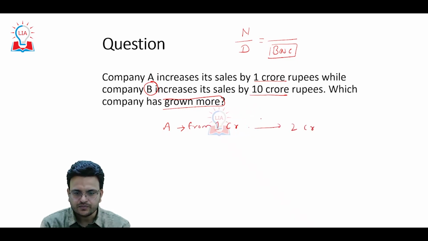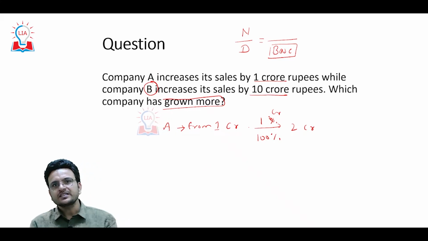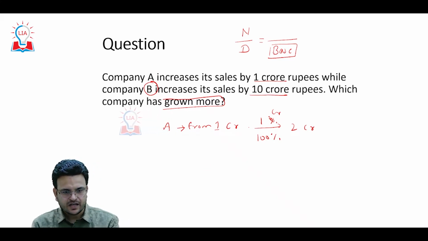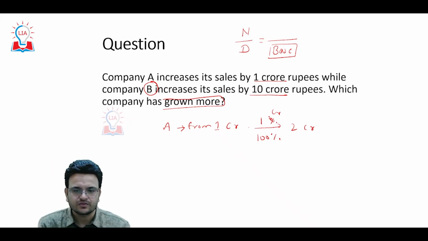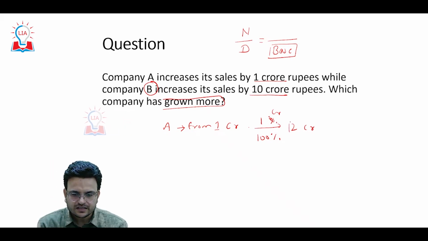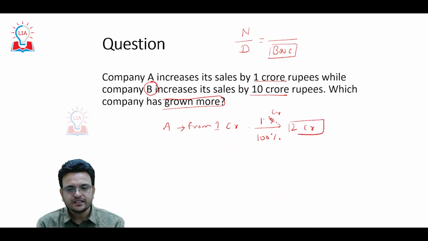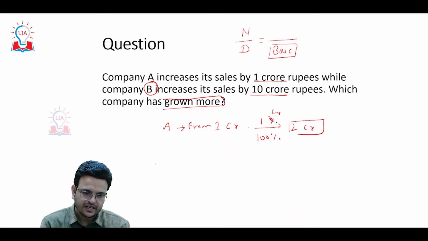It means 1 crore is equivalent to 100%. Last year company A sales was 1 crore. This year company sales is 2 crore. It is a 100% increase.